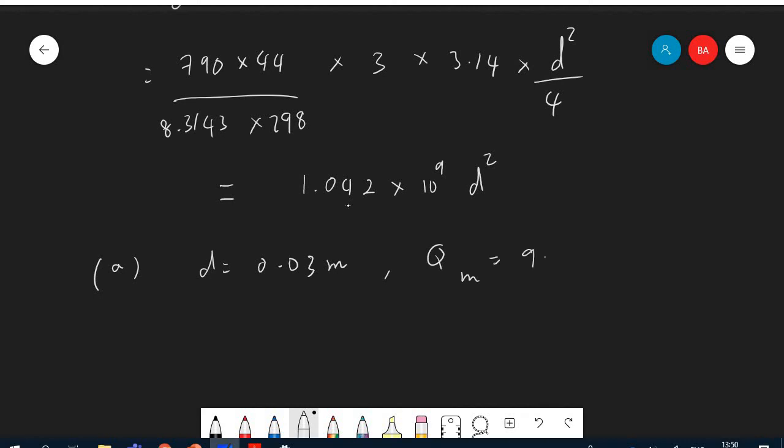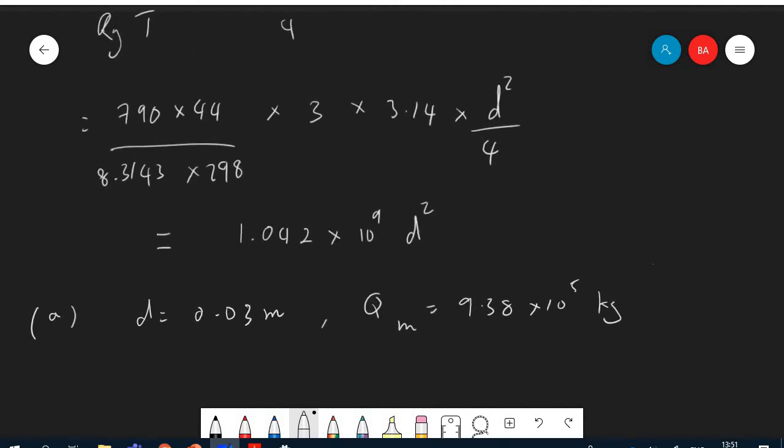My flow rate is going to be 9.38 times 10 to the power 5 kilograms, and I need to put here the amount of time. There's something that I did not include here.